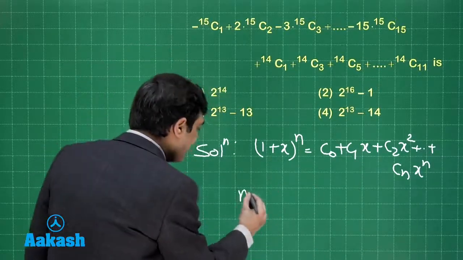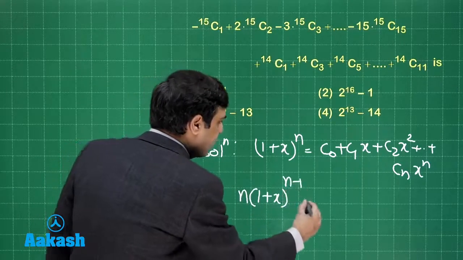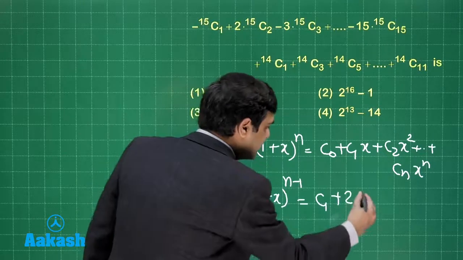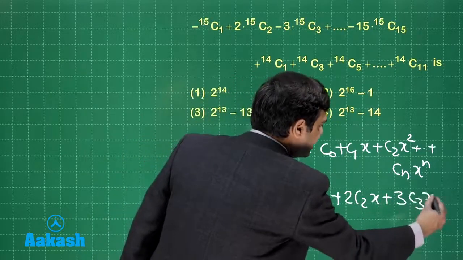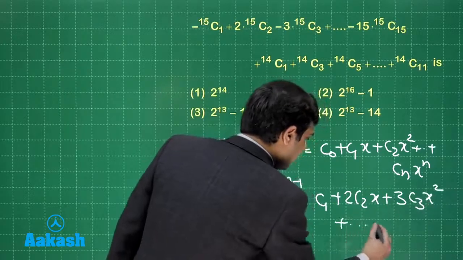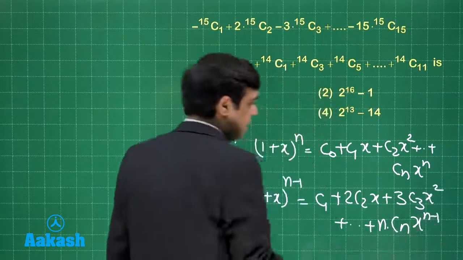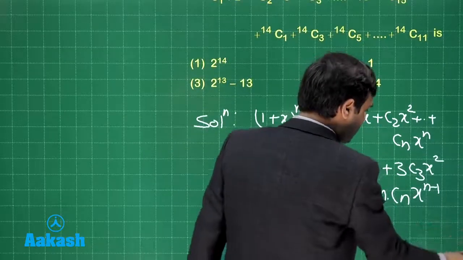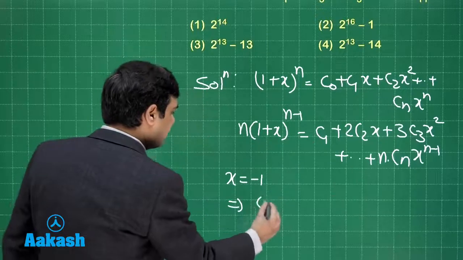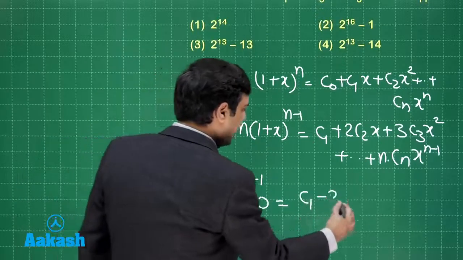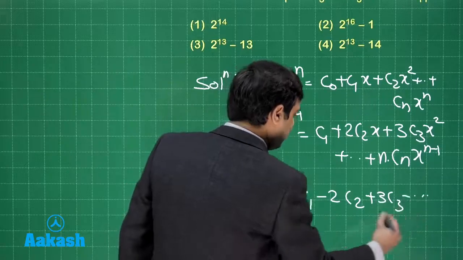If you take its derivative, what you find, n times 1 plus x to the power n minus 1 is c1 plus 2c2x plus 3c3x square and so on plus n into cn xn minus 1. Now here when you substitute x is equal to minus 1, you find 0 is equal to c1 minus 2c2 plus 3c3 and so on.